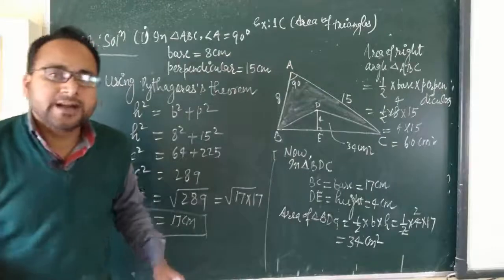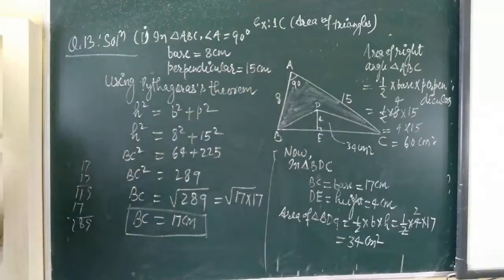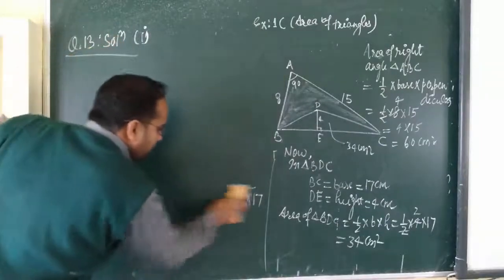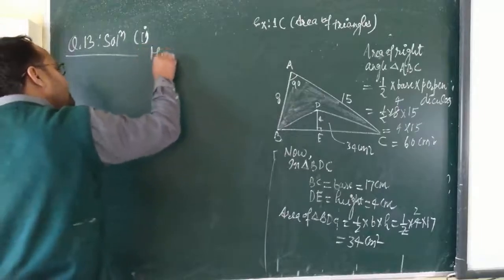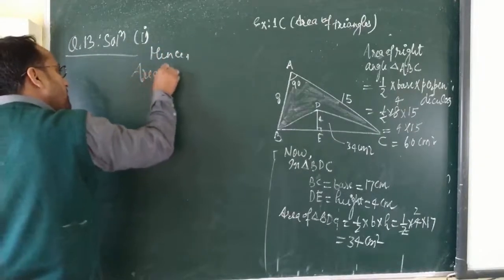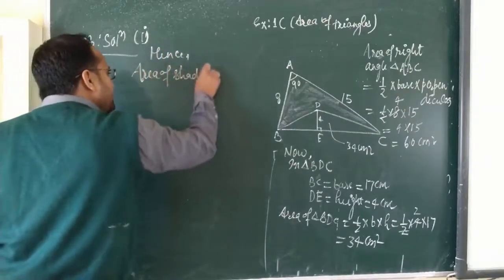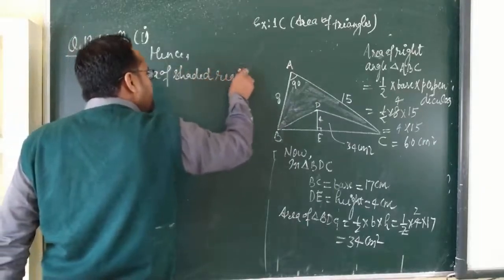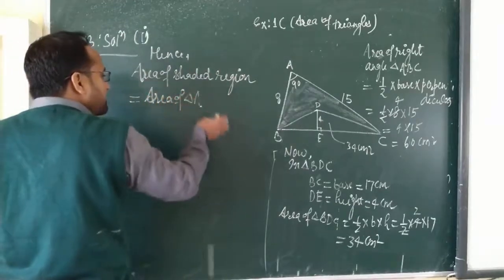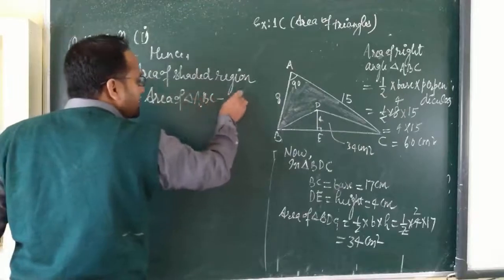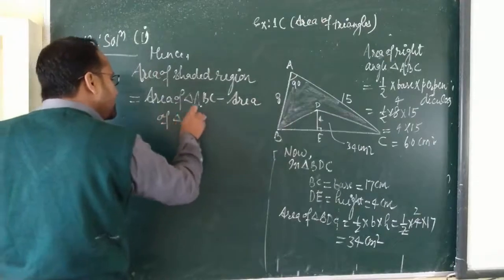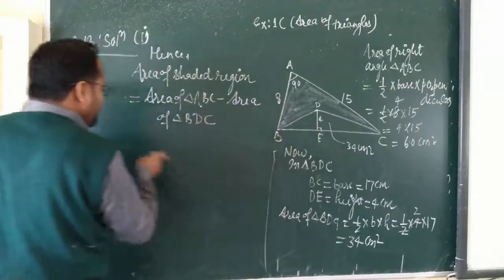So area of a shaded region. Now, hence the area of a shaded region is equal to area of triangle ABC minus area of triangle BDC.